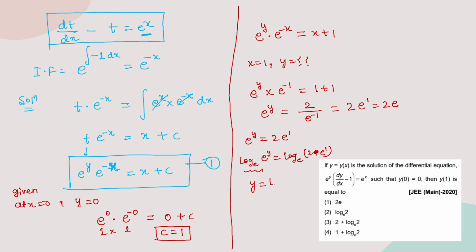So log of m into n can be written as log of m plus log of n, and you will be getting this value as 1. So 1 plus log 2 base e. This is the final answer. 1 plus log 2 base e, fourth option. Okay.